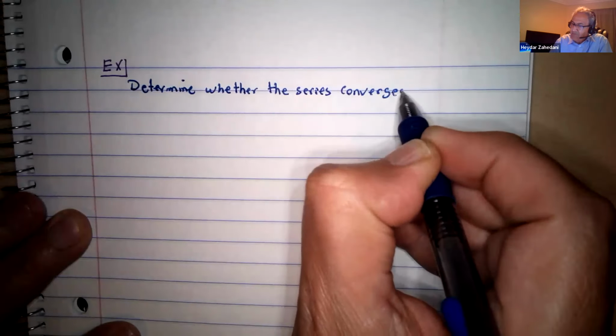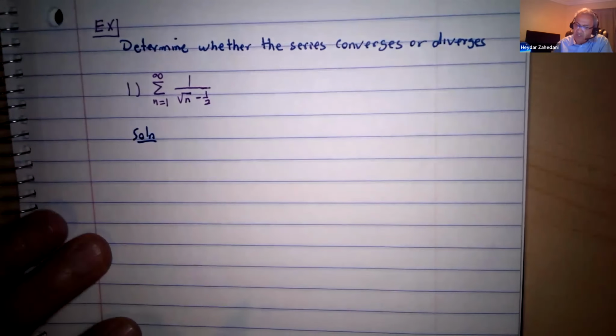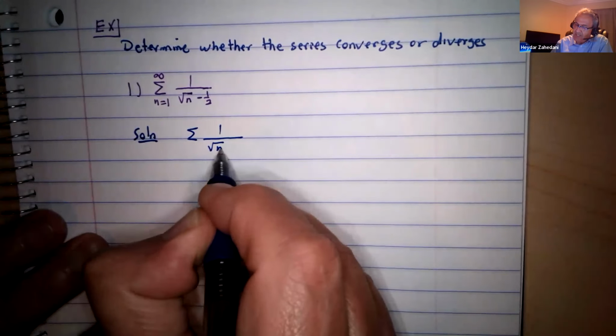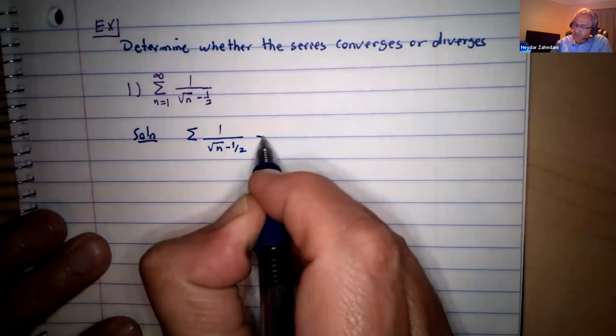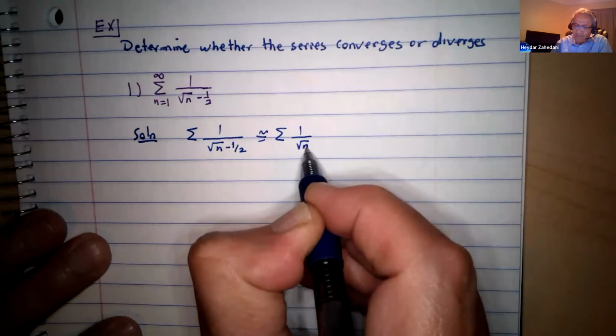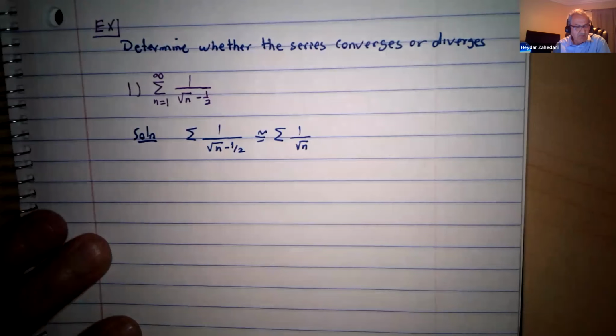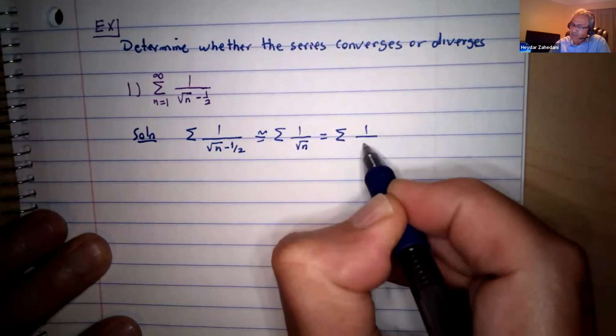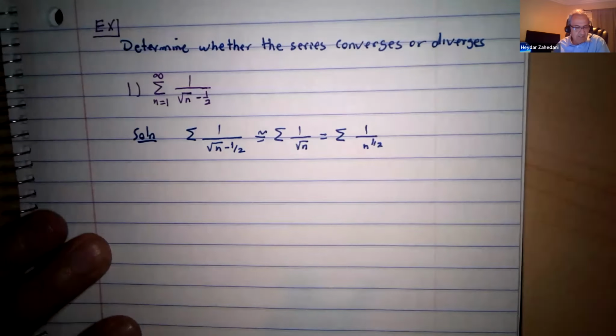This must be divergent. The way you are going to do the comparison, as I told you the other night, is just shrinking. You should shrink this one. So you can say that this series, with radical n minus 1/2, is almost like 1 over radical n. And you know that 1 over radical n is a divergent series, equal to sigma of 1 over n to the 1/2.